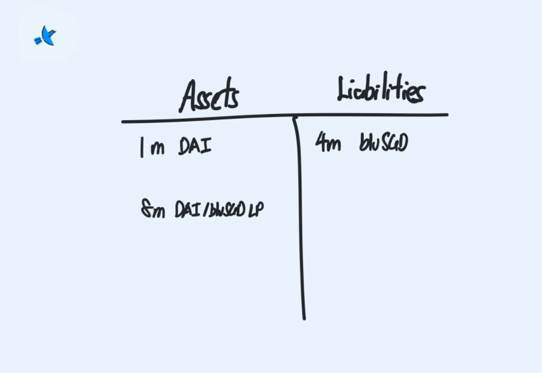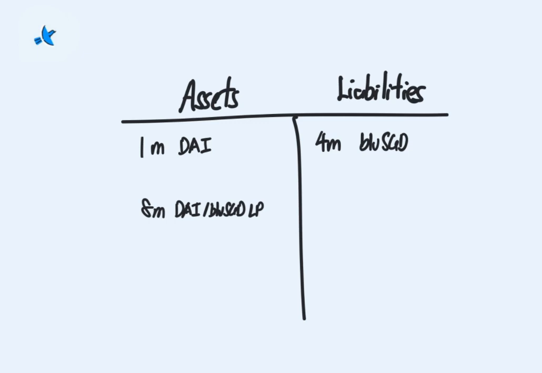At this point in time, you can see that all $4 million worth of BlueSGD exists only on Uniswap and not in external circulation. And all of this is owned by the protocol right now. Now suppose that someone were to go to the protocol and swap for $500,000 of BlueSGD. What that would do is shift the price of BlueSGD to be more expensive than before.